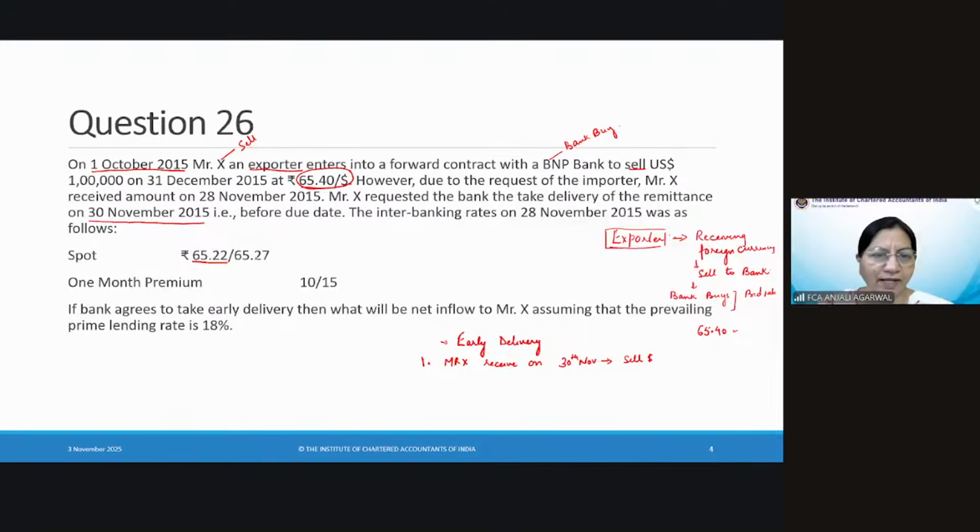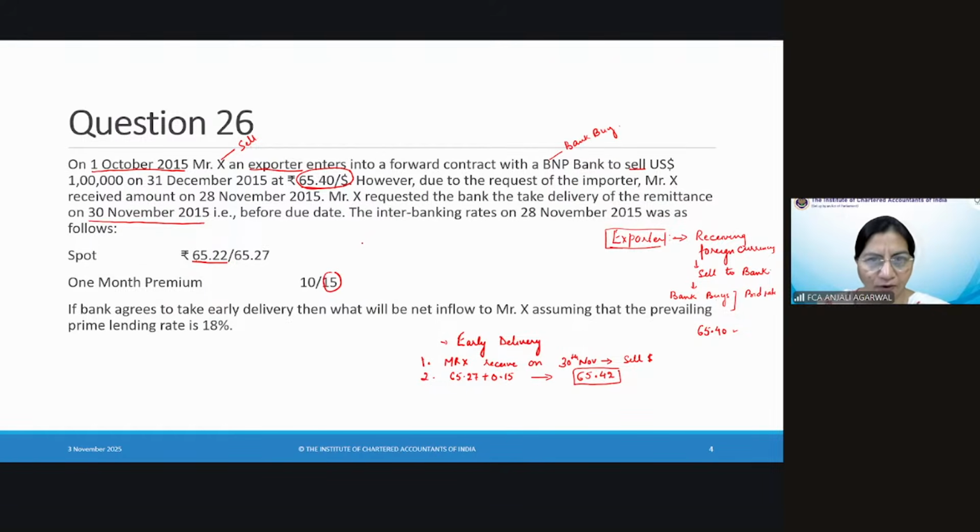So bank will buy these dollars at ask rate 65.27 plus 0.15. So the bank will enter into a swap at 65.42.